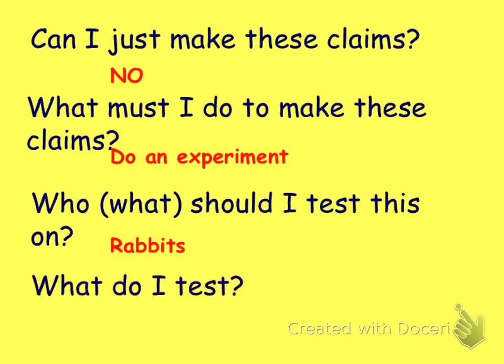And what do I test? If it makes the fur soft and shiny. I'm going to test the type of food. I could give them the Hippity Hop food, and then I could give them the food that they've been given their whole lives. What do rabbits eat?